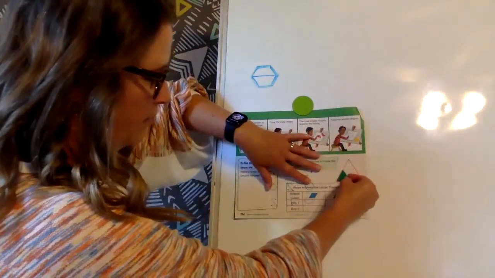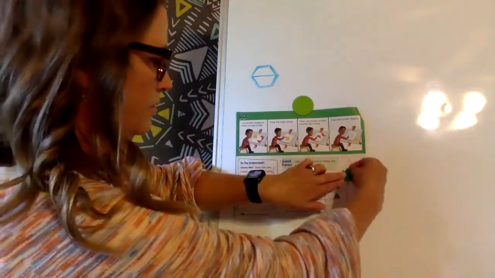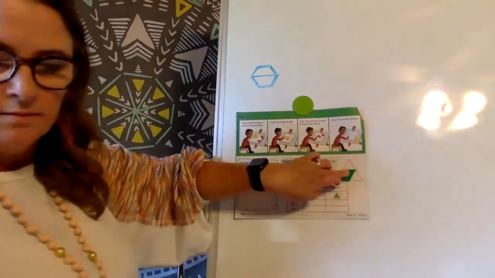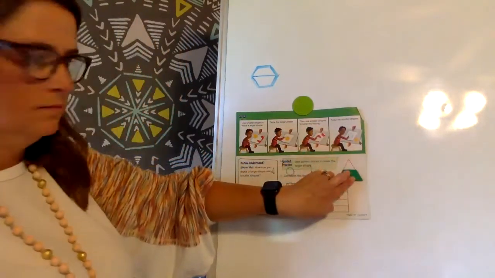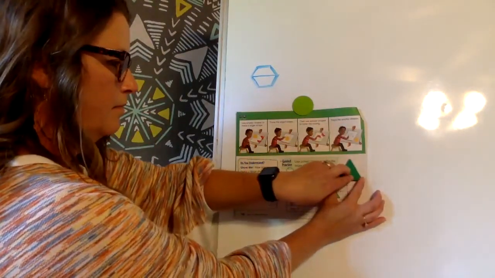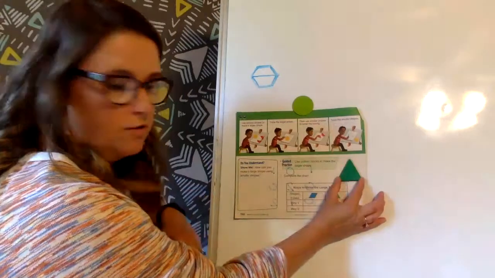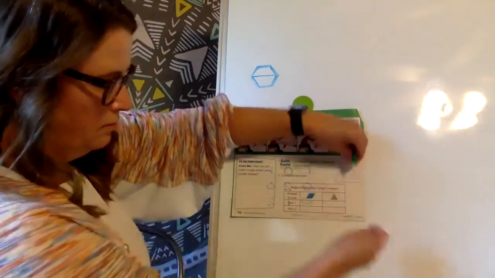So let's see, if I put 1 here, 1 here, 1 here, and 1 here. Let me see if I can hold them from the bottom. You can see that I used 4 small green triangles to make that one large triangle right there.